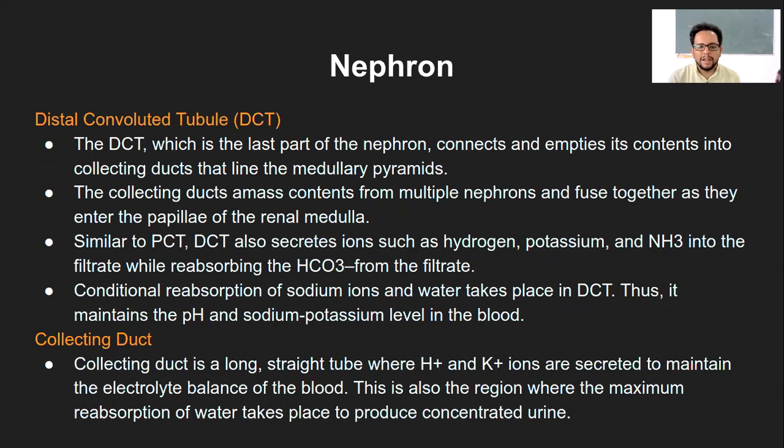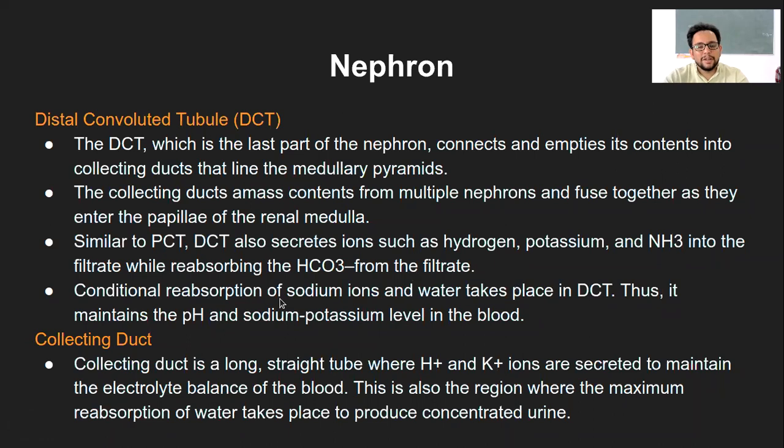So depending on that, just like the PCT, the distal convoluted tubule also functions to maintain the acid-base balance as well as the electrolyte balance. But the major function goes to the PCT.